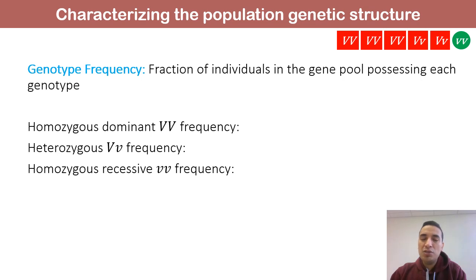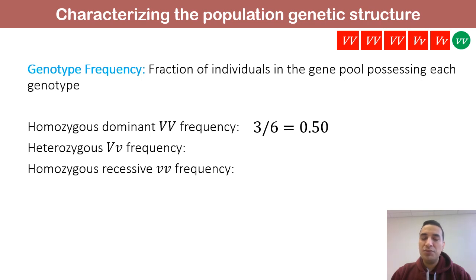Let's talk about each one in turn. For homozygous dominant, how many individuals are there? 3 of those, and the total is 6. So divide 3 by 6 and you get 0.5. That means essentially 50% of those individuals are homozygous dominant.